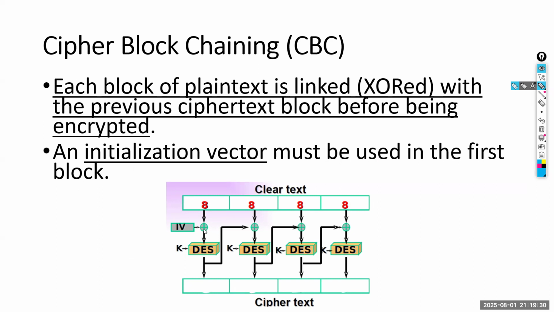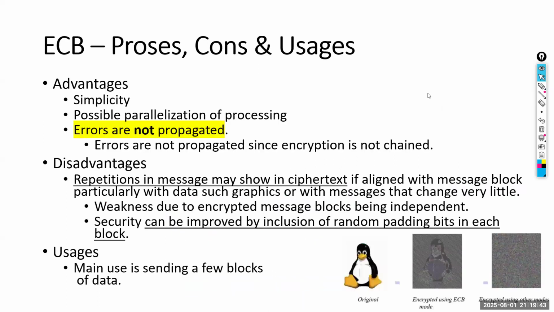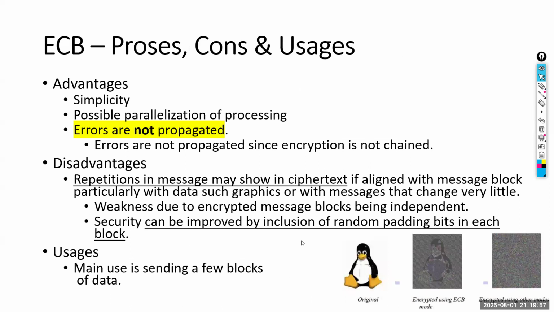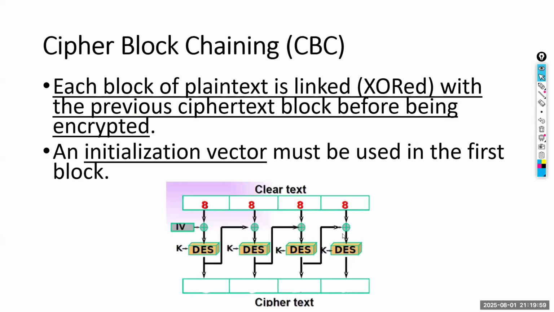The examiner asks for pros and cons or any unique features, rather than asking you to draw a diagram and explain it. Maybe the examiner can ask you to do it for the first one because it's so simple. I don't think for any other modes the examiner has asked you to draw and explain, only for ECB mode. For other modes, you must know the pros and cons. The diagrams are for you to understand, not for you to memorize.